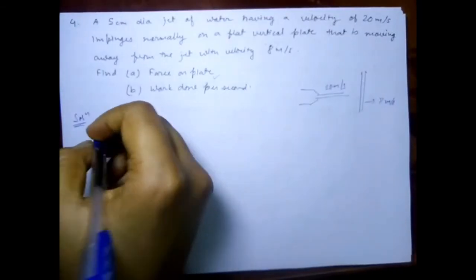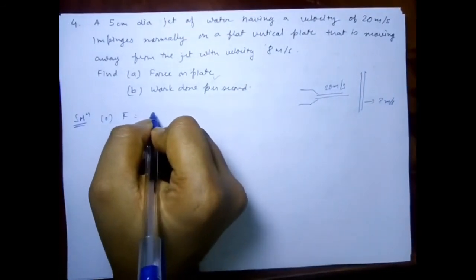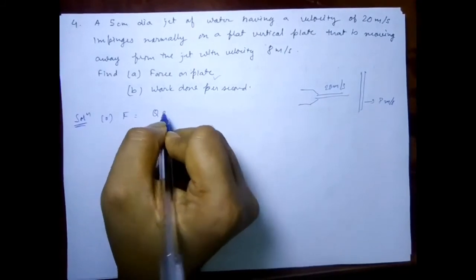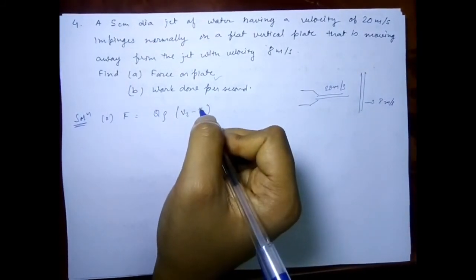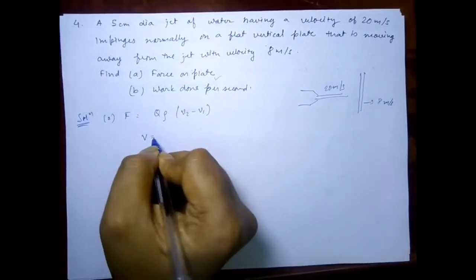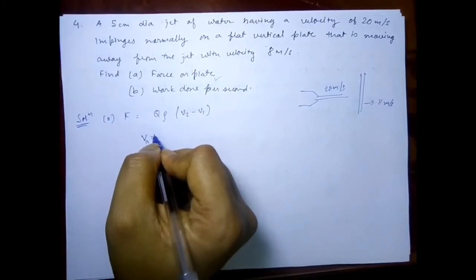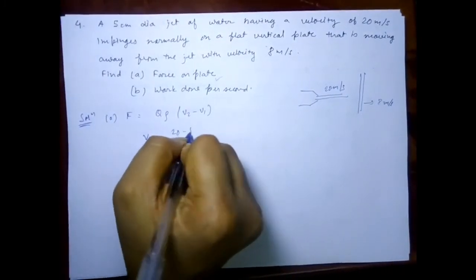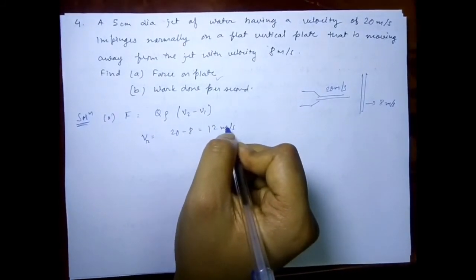So first we know that F is equal to Q rho (V2 minus V1), and the relative velocity, suppose VR, can be found out as 20 minus 8, and that is equal to 12 meter per second.